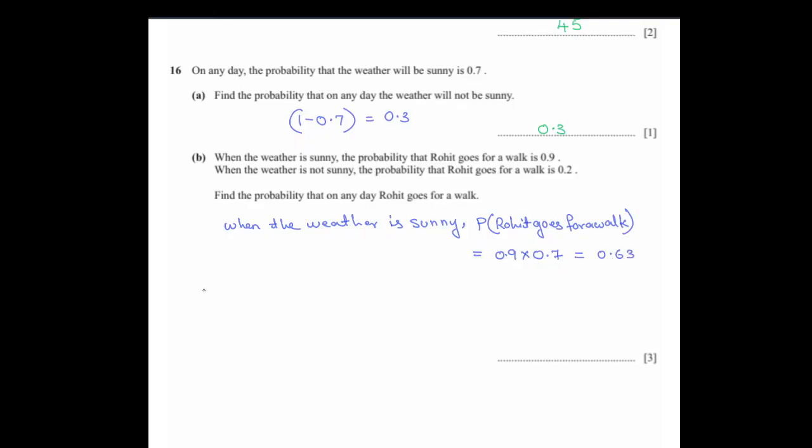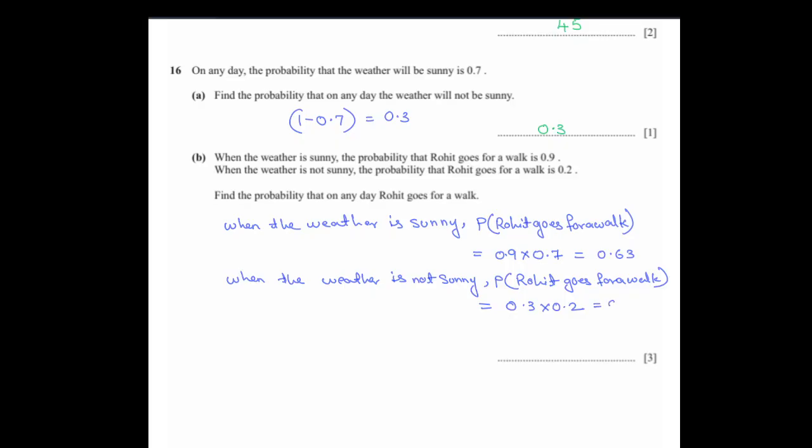So 0.63. So when the weather is not sunny, the probability that Rohit goes for a walk will be 0.3 into 0.2, because they gave that on a not sunny day he goes for a walk with probability 0.2.